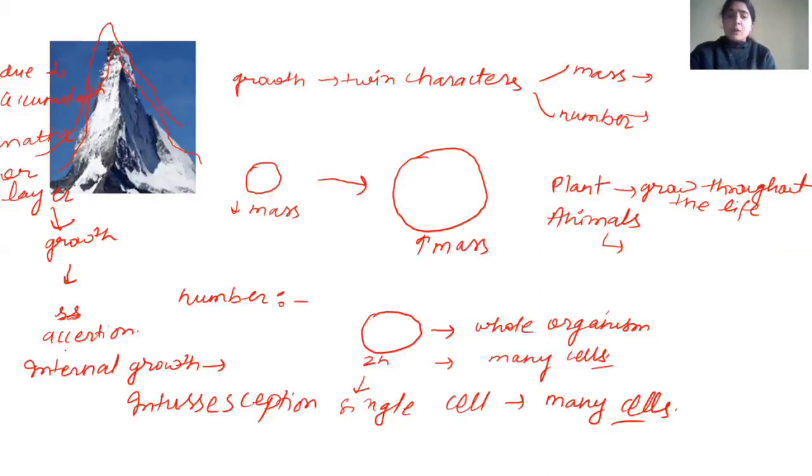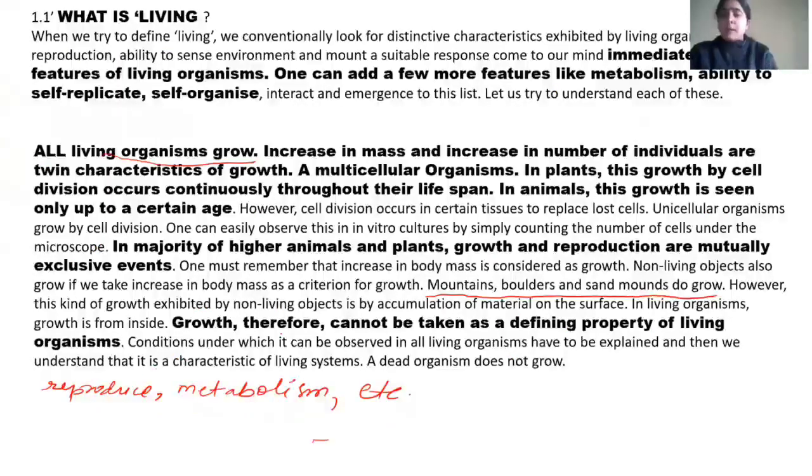So we can take intussusception as a defining feature of living organisms, but when we talk generally about growth, we cannot take it as a defining feature, because mountains, boulders, and sand mounds also grow.